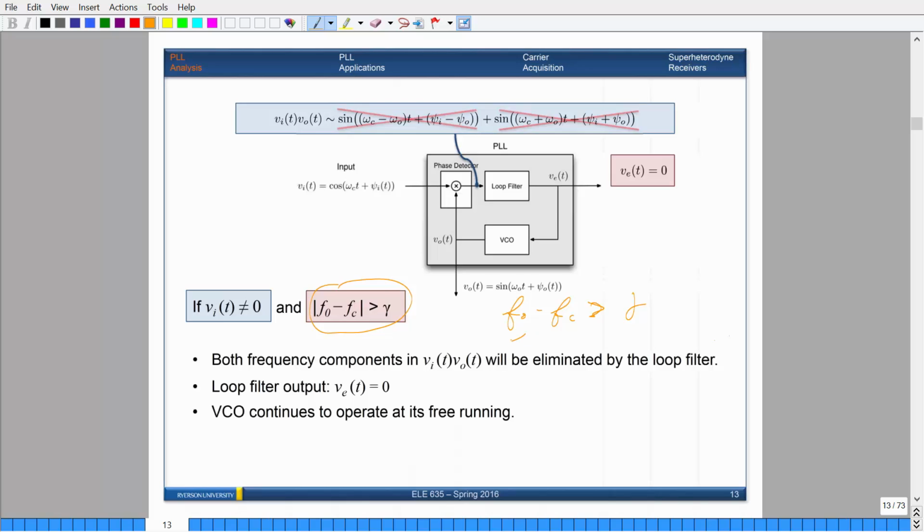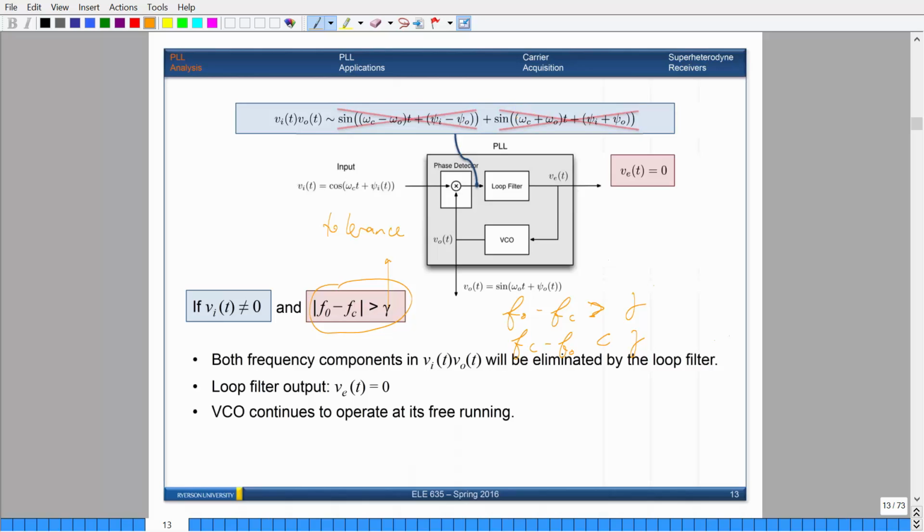And also if, okay? So what this is saying is that there's a tolerance. So if the subtraction of these two is greater than some tolerance, okay? This is actually what's called the lock range, which we'll talk about later. But basically what's happening here is that the loop filter is designed in such a way where it finds the difference between the free running frequency and the carrier. And if it's larger than a certain amount, then both of these components will be set equal to 0.